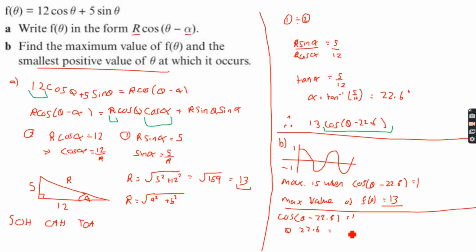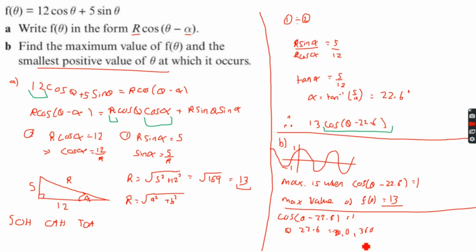Well, we know it equals 0. We know it again goes down at 90, 180, 270, and meets the maximum again at 360. We could also go the opposite way. It obviously goes down and up, and again it will meet the maximum at minus 360 as well. So there's a few values it can take. We just need the smallest positive value.